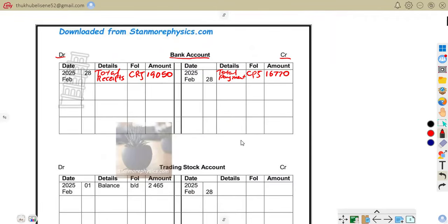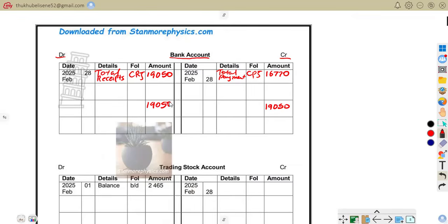So that is that. Now we are to balance this. We can see the bigger side is the debit side of 19,050.